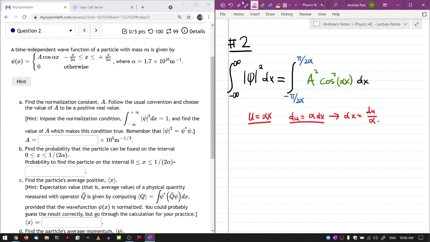Now, this is how I like to do u substitution or algebraic substitution with definite integrals. As I'm substituting in the new expression, I also do the limits of integration. So let me write this out as x is equal to u over alpha.